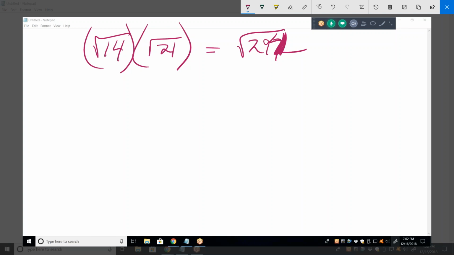Yeah. But now that becomes difficult to simplify because it's a big number. It's easier if I try to simplify both of these. Now, normally I really wouldn't be able to simplify these because I cannot take a perfect square out of them.